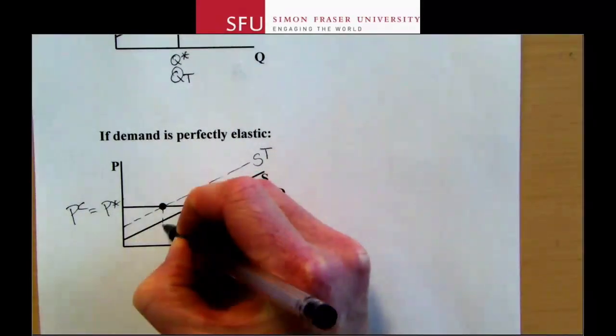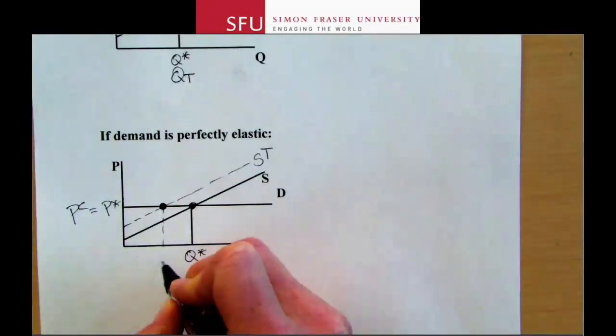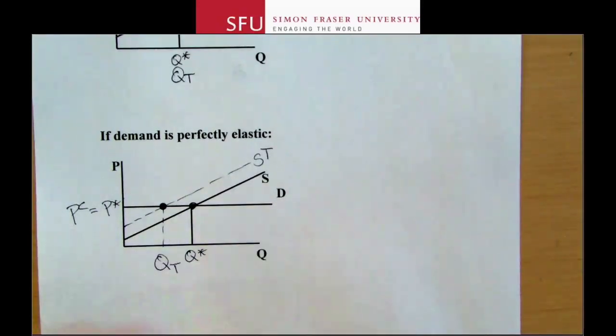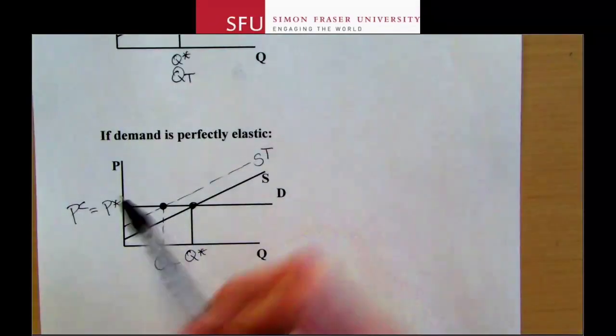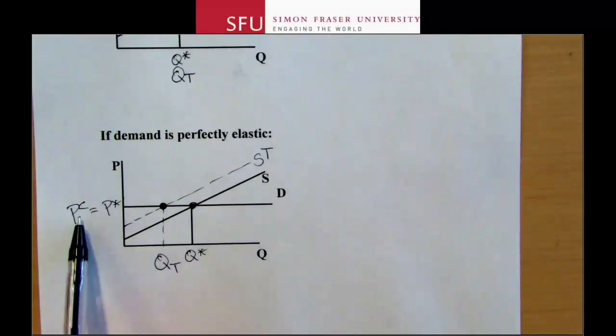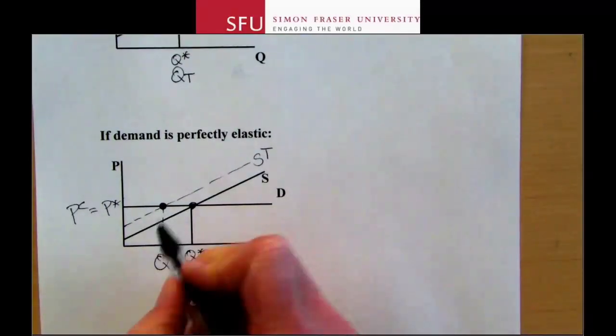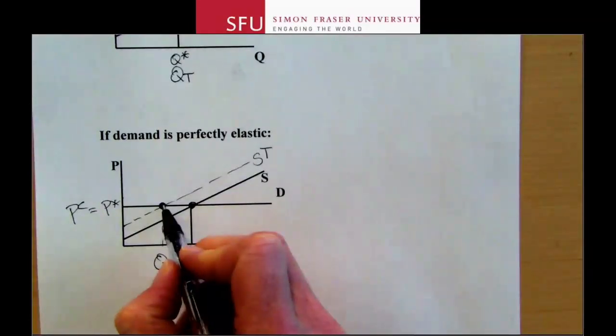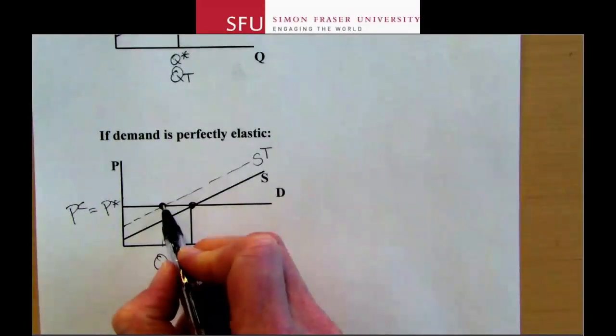The quantity is smaller because the supplier is not getting paid as much, right? The consumer gives them the same price, but they have to send this much of it to the government. So here's the price that the consumer pays them.